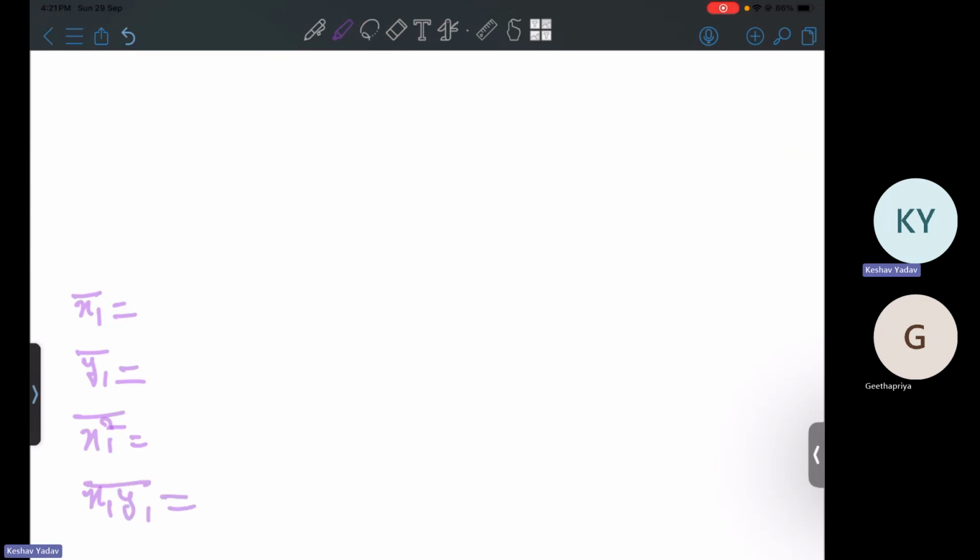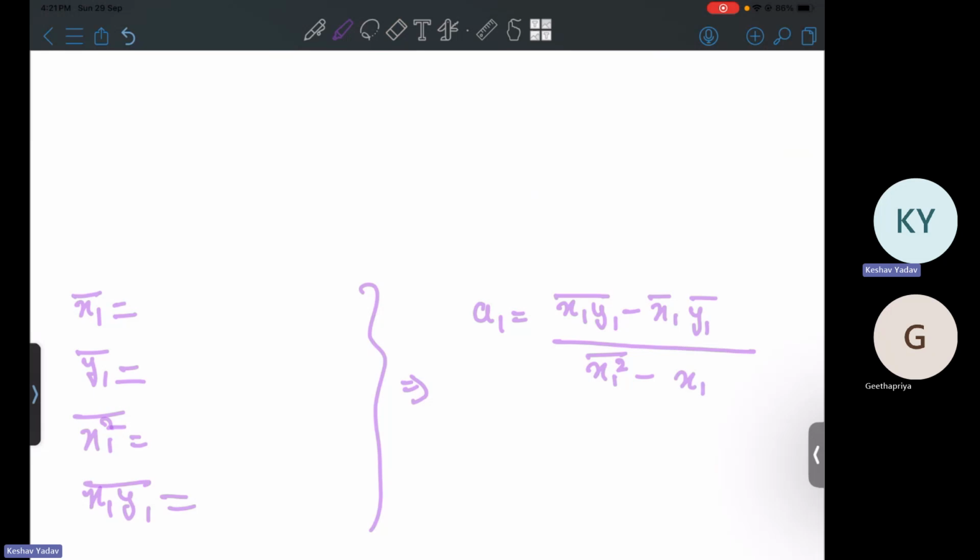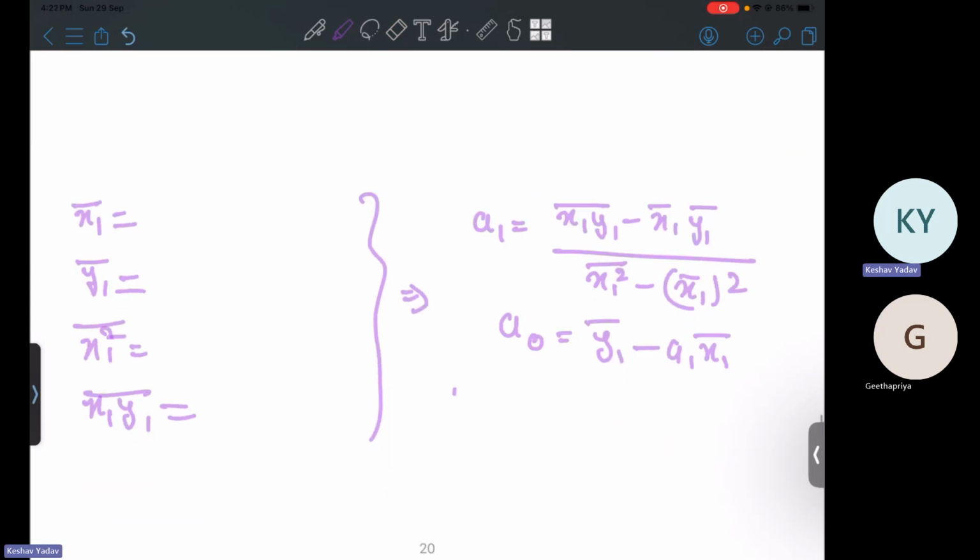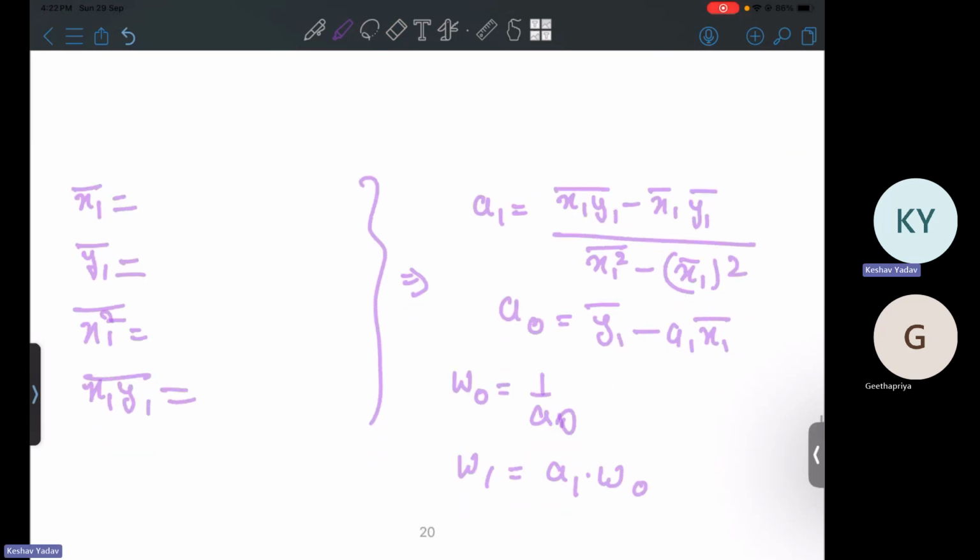Once we find these values, we find A1, which will be equal to X1 Y1 bar minus X1 bar Y1 bar, divided by X1 square bar minus X1 bar whole square. Then A0 will be equal to Y1 bar minus A1 X1 bar. Once we find this, W naught will be equal to 1 upon A0 and W1 will be equal to A1 W naught. Like that we will find out.